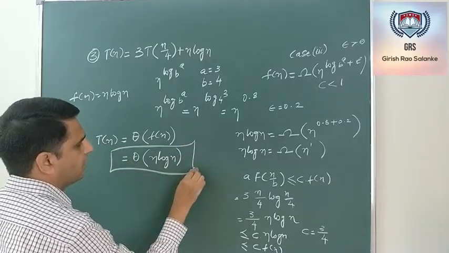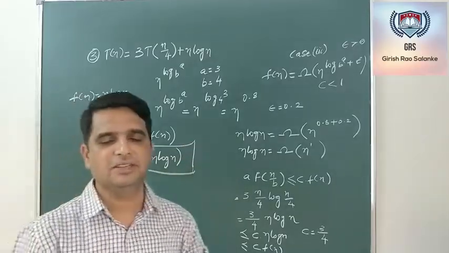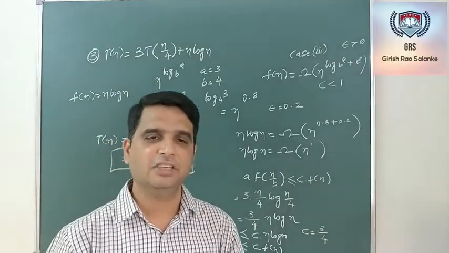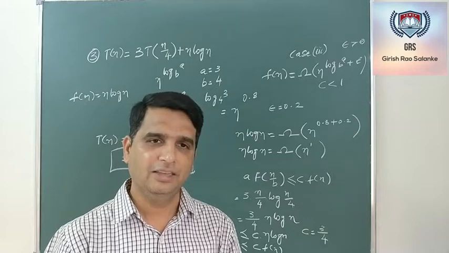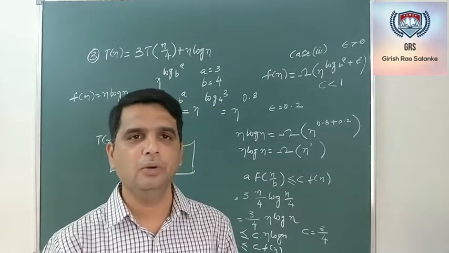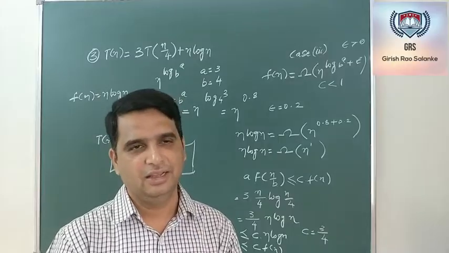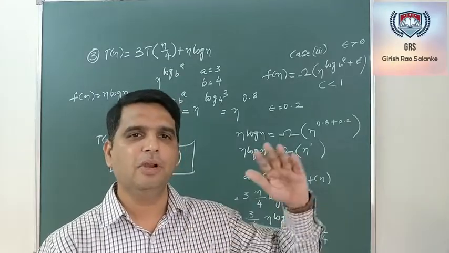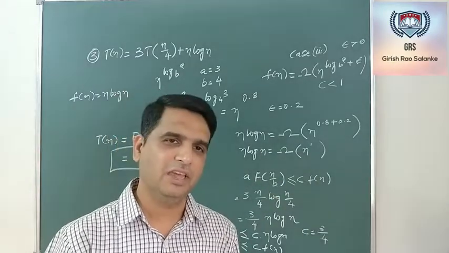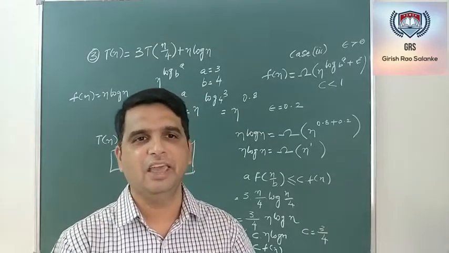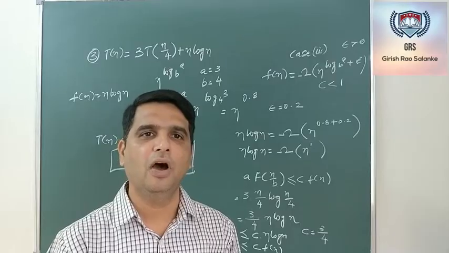So this is the third case of the master theorem method. Please note that there are 3 different cases. First case, wherein f of n is asymptotically lesser when compared to n to the power of log a to base b. In that case, the time complexity is n to the power of log a to base b. So what was the second case? f of n is growing at the same rate as that of n to the power of log a to base b.